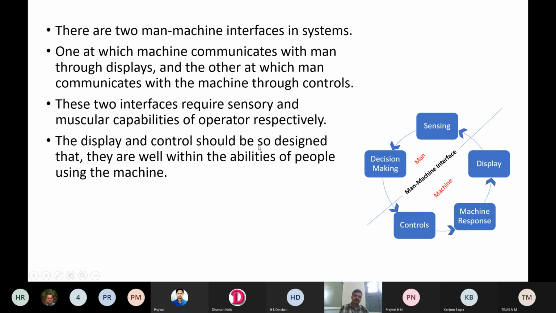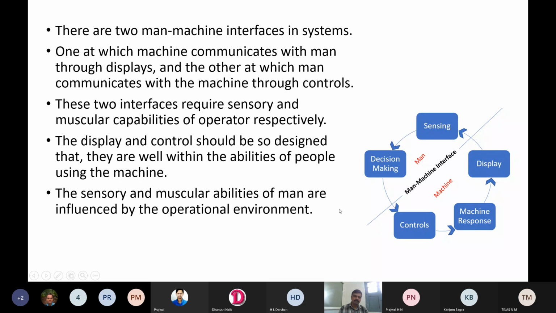The display and control should be so designed that they are well within the abilities of people using the machine. Again, by keeping in mind the capabilities of the operator or user of the machine, you have to design these things. The sensory and muscular abilities of man are influenced by the operational environment.